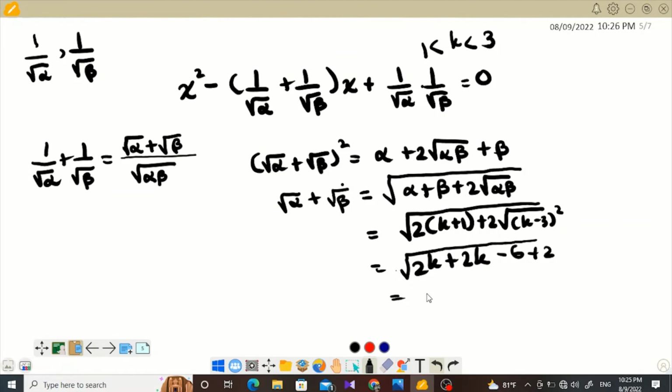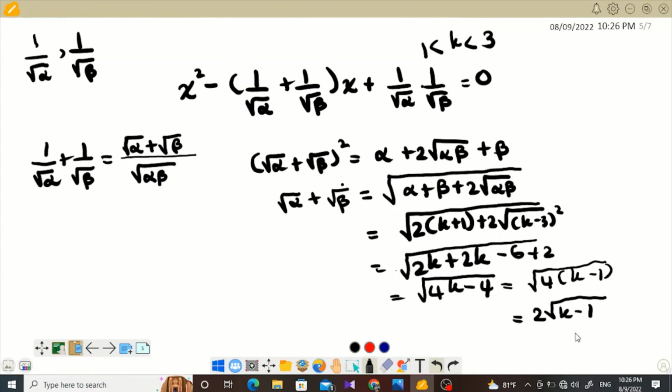So I get the square root of 4k minus 4, and I can take 4 outside as a common term, the square root of 4 times k minus 1. We know the square root of 4 is 2, so I can write this as 2 times square root of k minus 1.